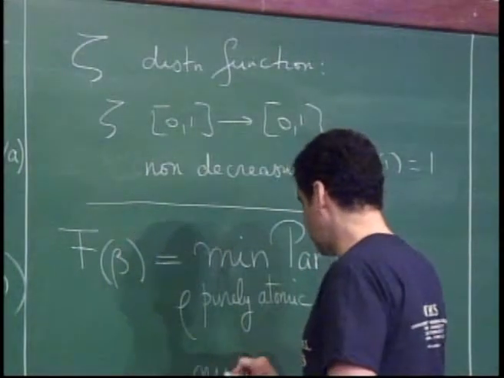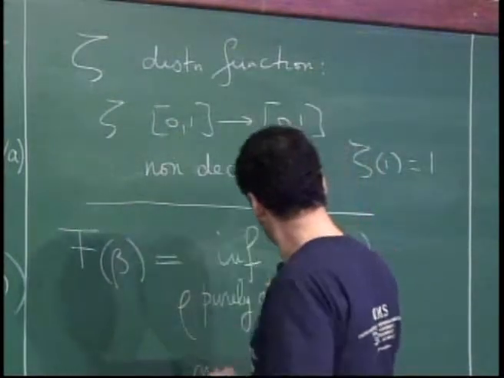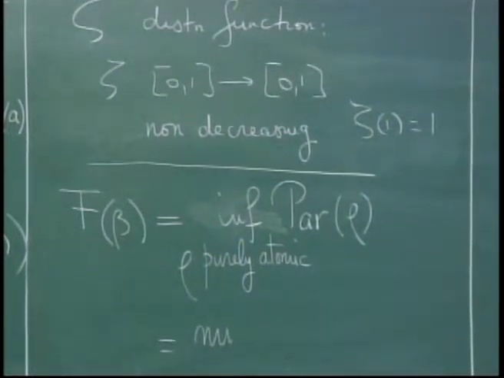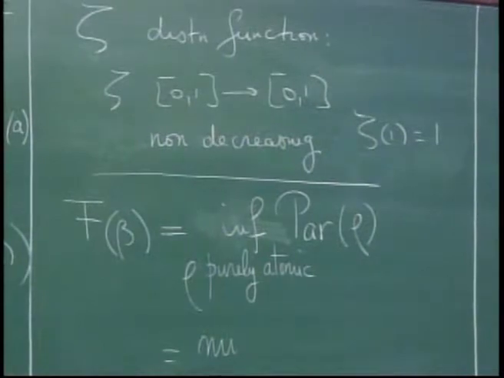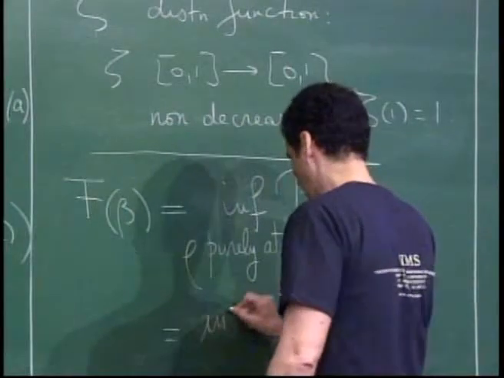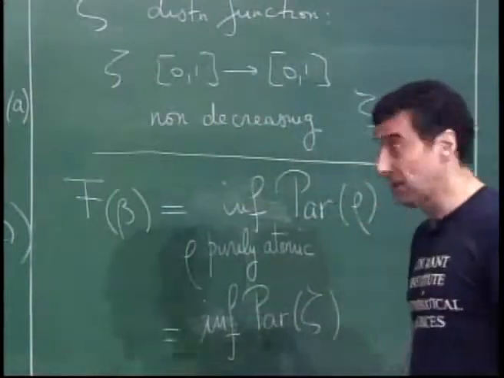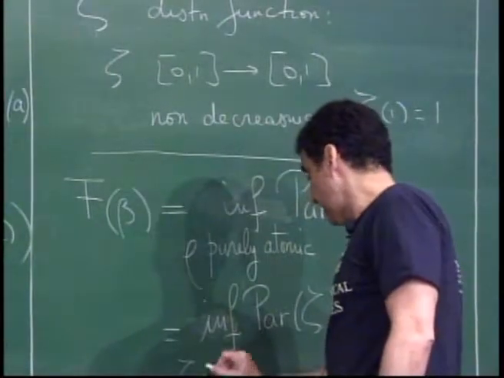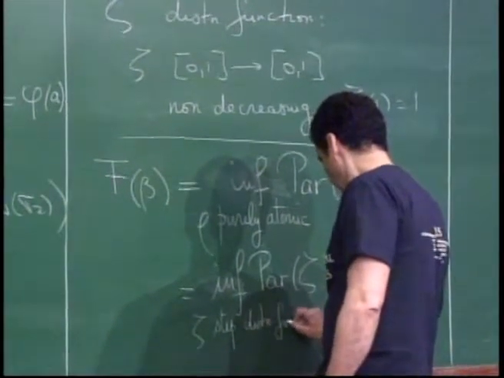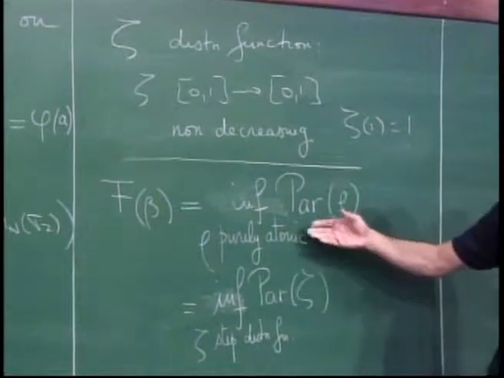Or if we want, it's also the infimum here, right? I didn't say that it's achieved yet. Infimum. Which is, of course, also the infimum of this Parisi functional, written as a function of zeta, where zeta is, in fact, a step distribution function. Okay? So initially, it has been described like this.